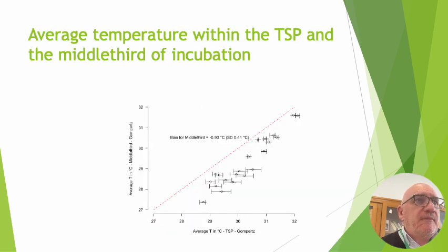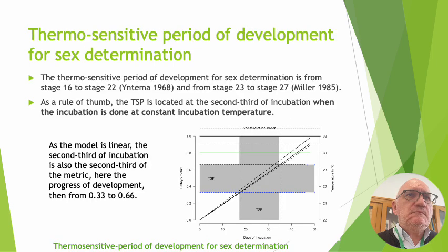If you compare the average temperature within the middle third of incubation and the TSP determined by this method, you can see that there is a bias. The average temperature in the middle third of incubation is nearly 1 degree Celsius lower than the true value during the TSP.